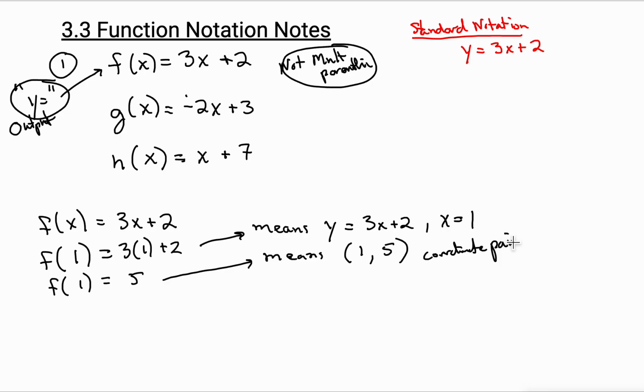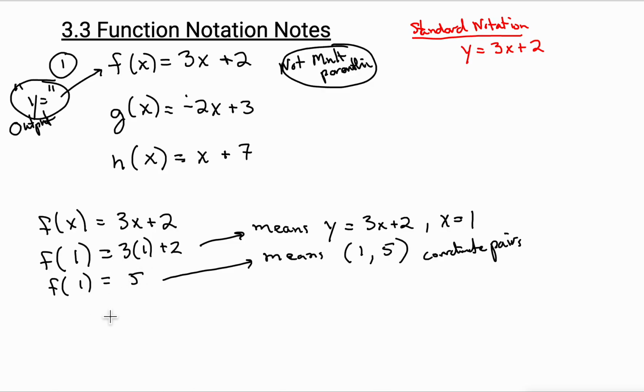And that is what we're used to writing as a coordinate pair. But here, do you see how we have the coordinate pair 1, 5? 1 is in the x spot, and 5 is your y, or function of x, f of x, which is the 5. It's the y value.